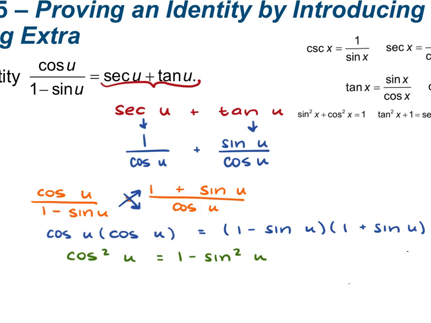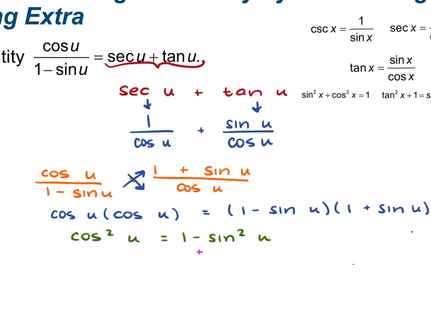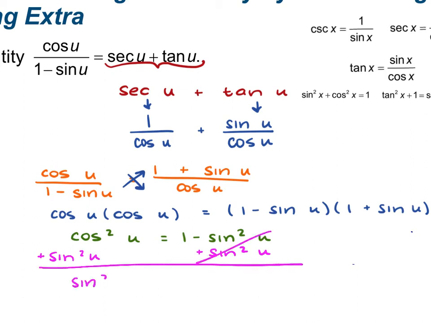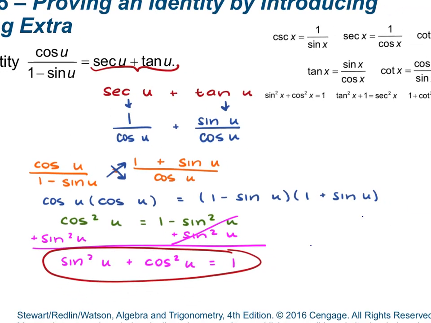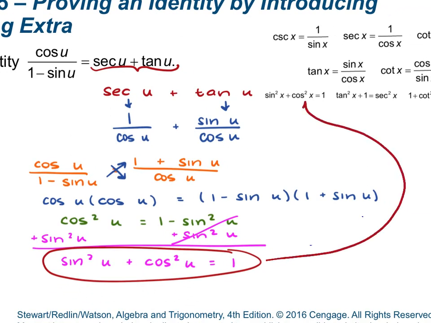If you moved that sine squared u over to the other side by adding it to both sides, this leaves us with sine squared u plus cosine squared u is equal to 1. This entire equation is the same exact thing as your Pythagorean identity, sine squared x plus cosine squared x is equal to 1.